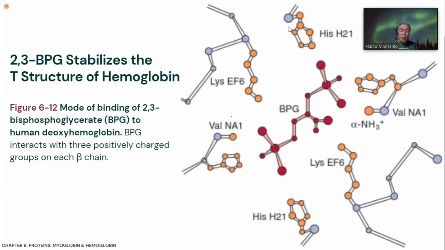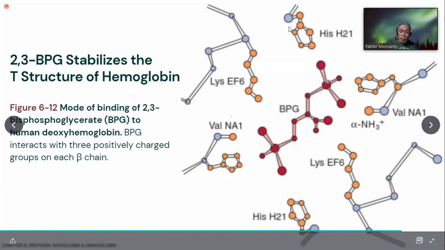All right, this is the BPG. This is the molecule of BPG. This is a very unique compound because this is only formed by the red blood cell when they utilize glucose through anaerobic glycolysis. When we say anaerobic, it does not use oxygen.